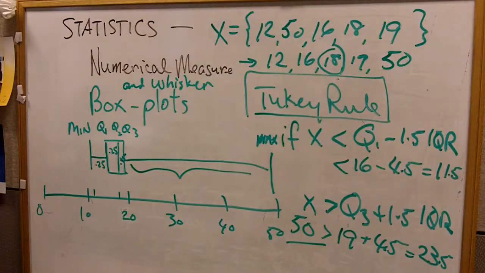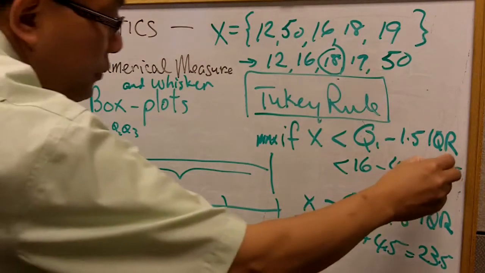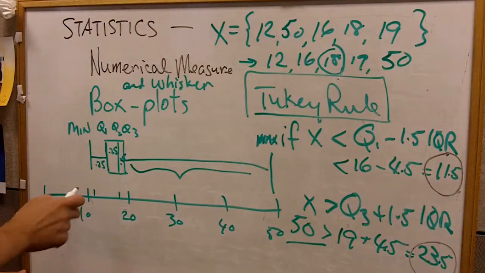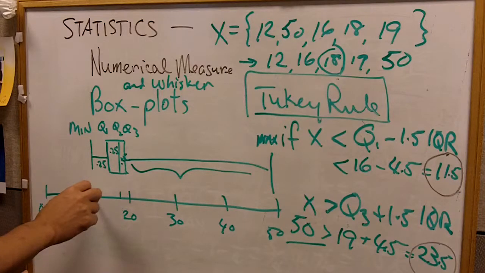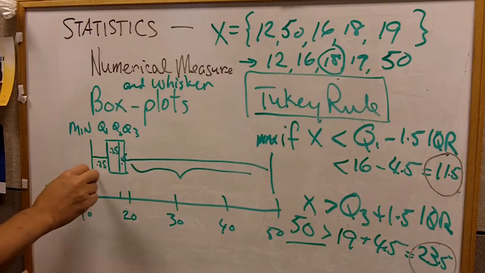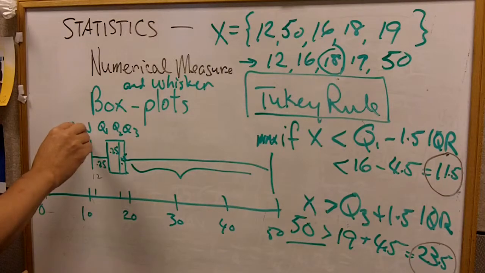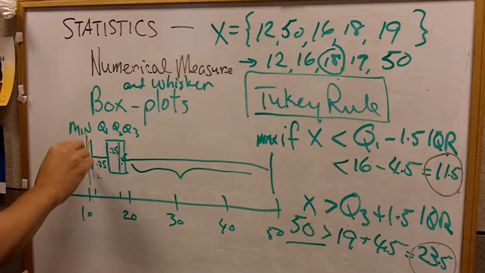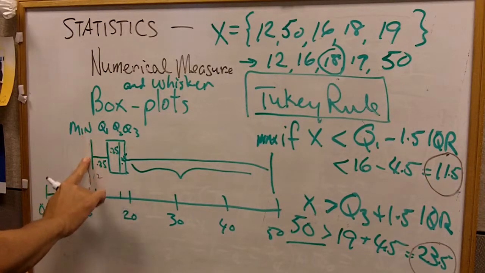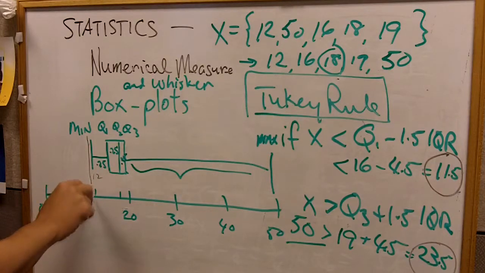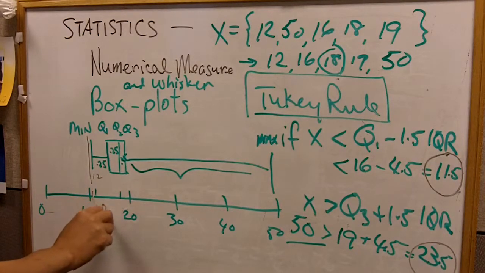We have not quite talked about how the Tukey rule applies yet. So let me get a different marker to show you these two values, 11.5 and 23.5. 11.5 is roughly here, because this is 12, so 11.5 is just a hair lower than 12. That would be the lower bound.